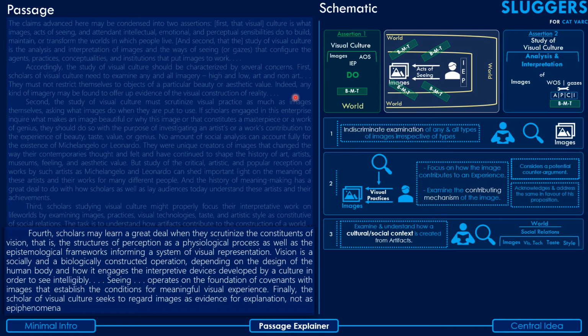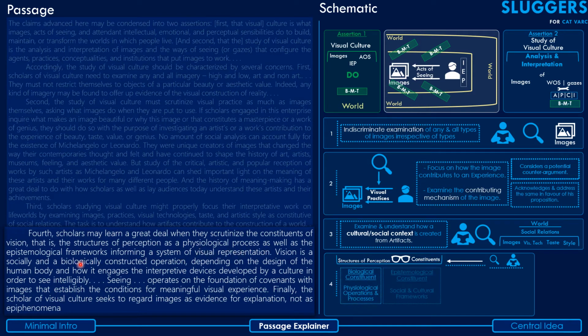So in this paragraph, guys, the author has talked about the fourth and fifth concern related to the study of visual culture. He says that fourth, scholars may learn a great deal when they scrutinize the constituents of vision, that is the structures of perception as a physiological process, as well as the epistemological frameworks informing a system of visual representation.